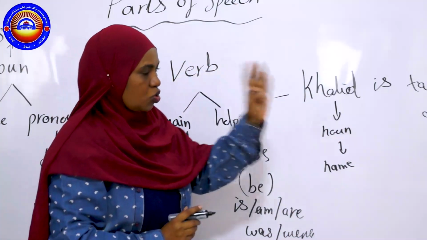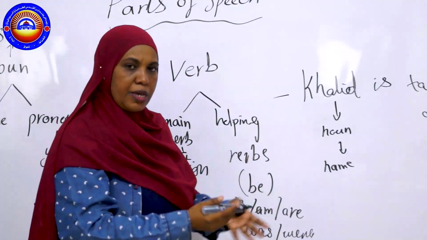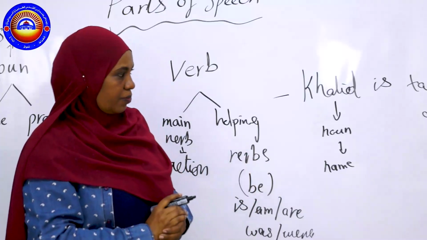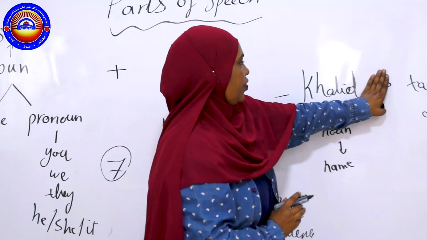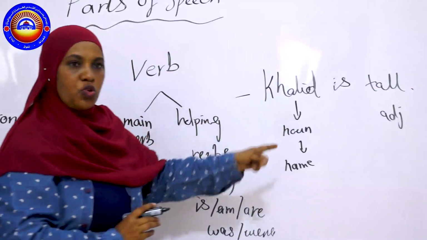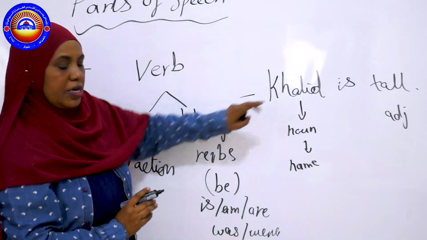Khalid is tall. I put this sentence to describe something or to describe someone. So here I do not need to put an action. So I can't put it just like this: Khalid tall. No, I have to put the suitable verb to be, which goes with this name.